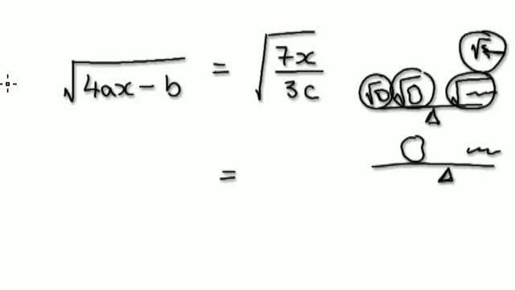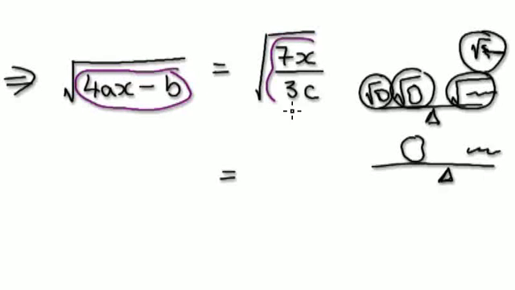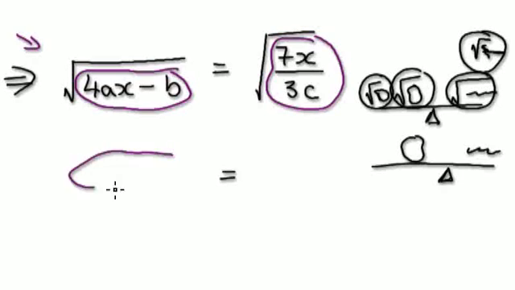Okay. So now when you are faced with two square roots on both sides, what you can do is square both sides. So imagine this is in a bubble here, and this is in a bubble here. So when you square both sides, you're going to get just a bubble left over on this side, which is 4ax minus b.